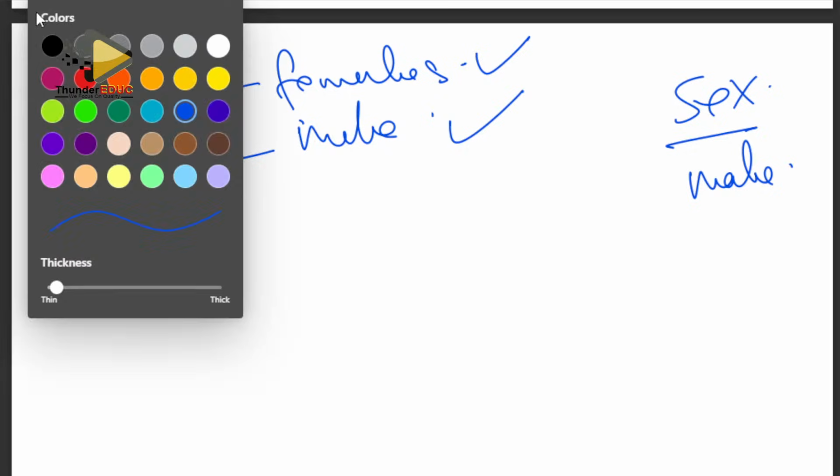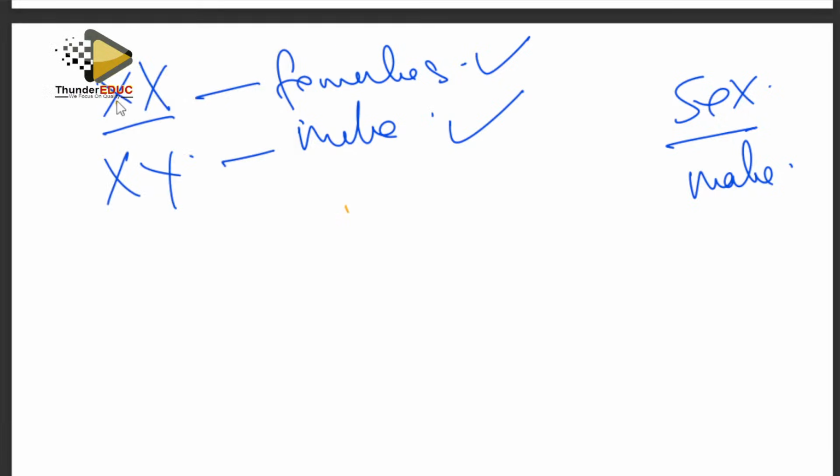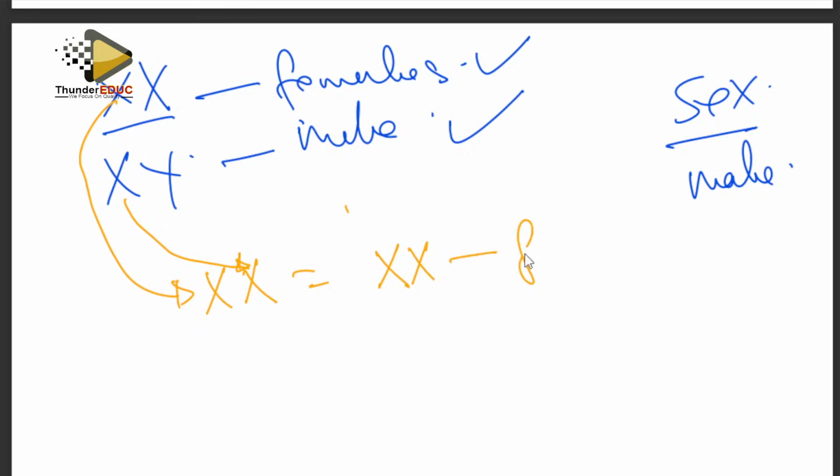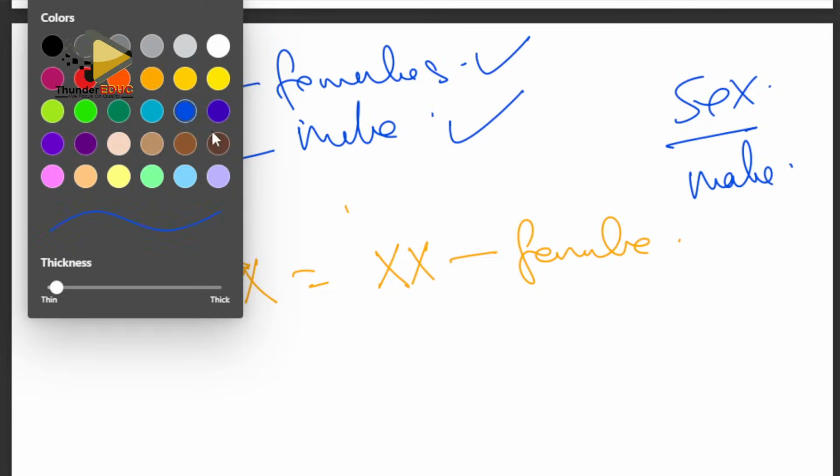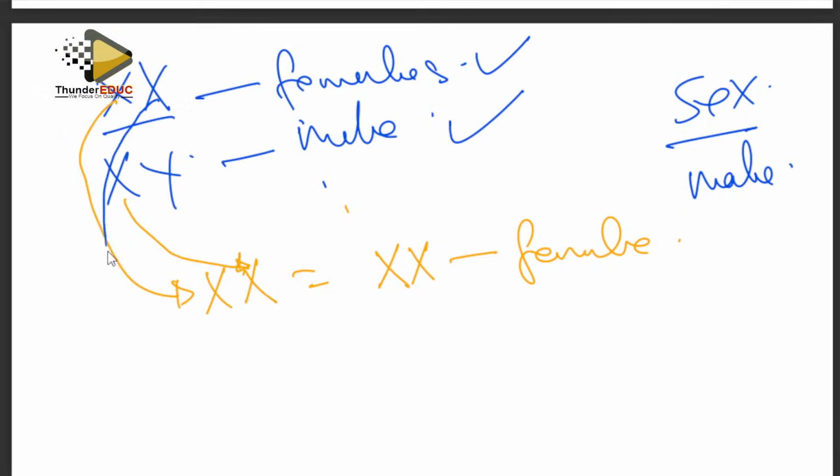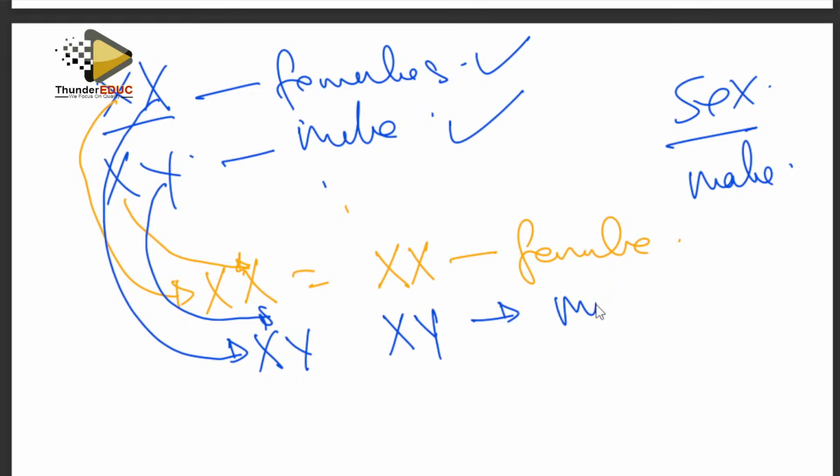If one X of the female fertilizes the X of the male, the individual is going to be XX and female. And if the other X of the female fertilizes the Y of the male, the individual is going to be XY, so this person is going to be a male.